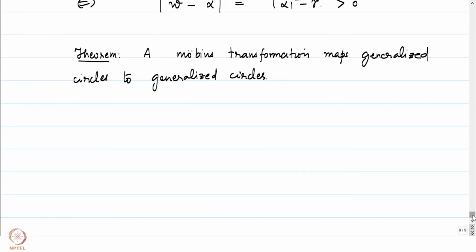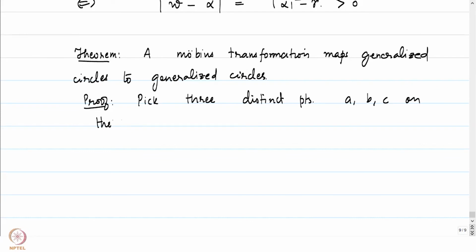So the proof is actually quite straightforward. We pick 3 distinct points A, B, C on the given generalized circle.